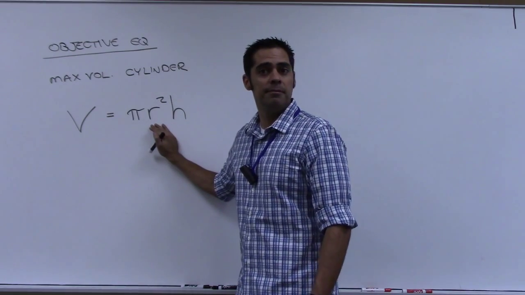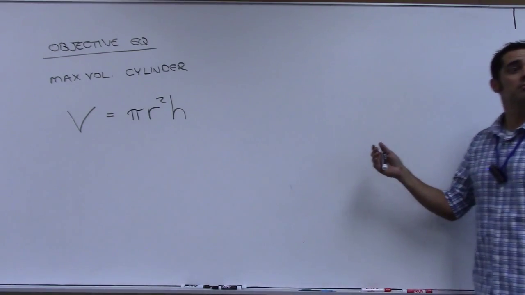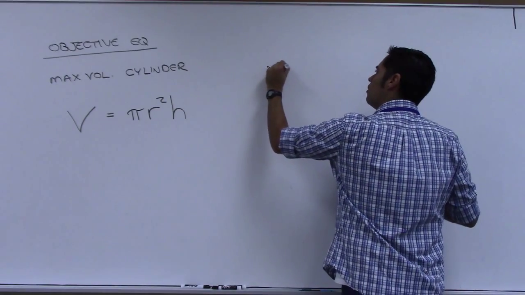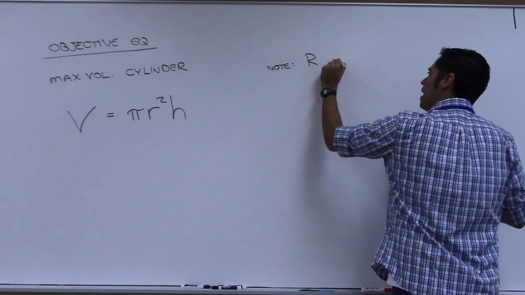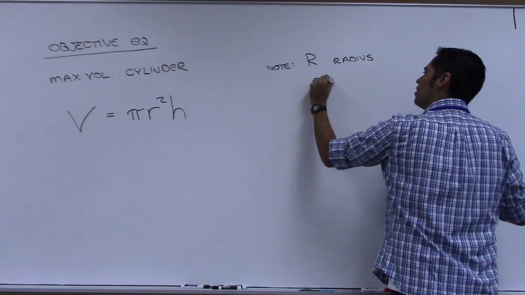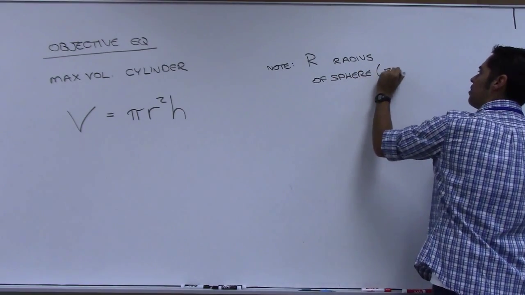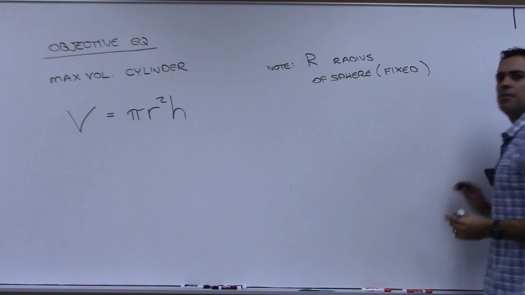What do y'all want to do? The r that's fixed, what do you want to make it? Big R. Capital R? Okay. So just for note, capital R is the radius of the sphere. And it is fixed, right? That is a fixed sphere. It's not moving. Hopefully it's not.